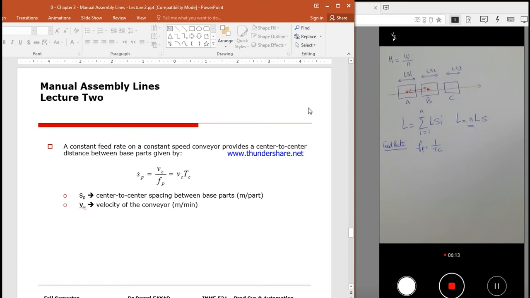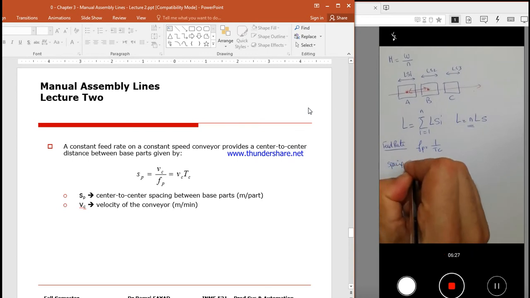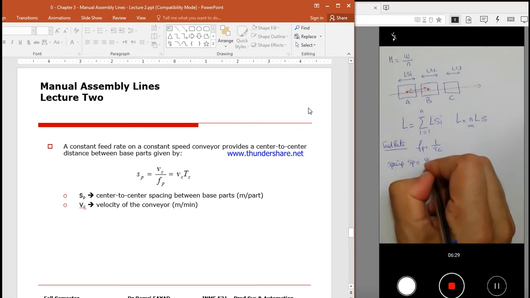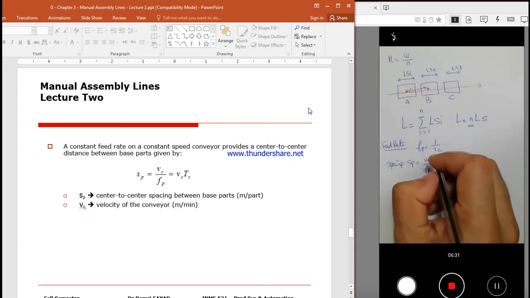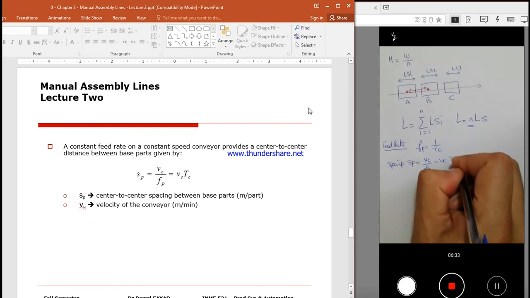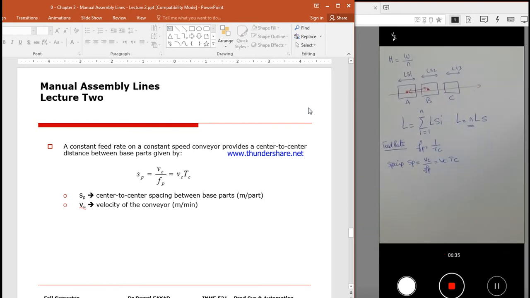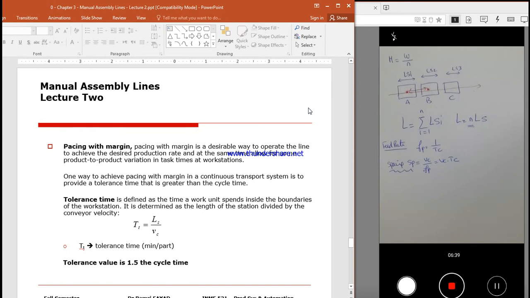If you place the units very far apart, that means the conveyor is really quick, but if the conveyor is really slow, you have to place them next to each other. So we have the spacing SP equal to VC divided by FP, which is VC times TC. This is the center to center spacing between parts, the SP value.